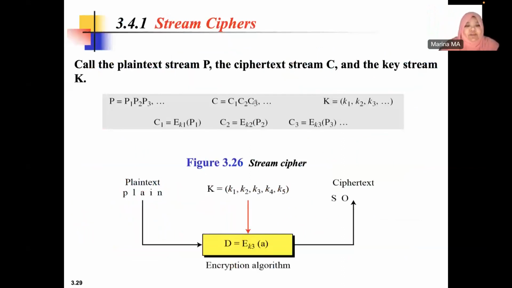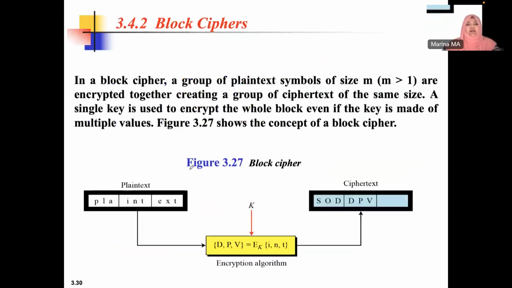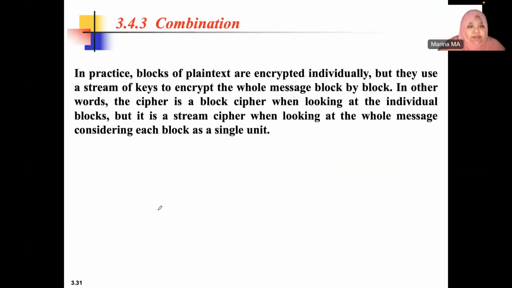We can also categorize Playfair, Hill, Caesar cipher, they are traditional ciphers, into these categories. So in stream cipher, instead of doing it block by block, you just do it in a stream. For block cipher, it's different. If you have the word plaintext, one block is three letters, so pla, and then you do int, and then you do ext. You do it block by block. That is block cipher. So in practice, blocks of plaintext are encrypted individually, one block, one block, one block.